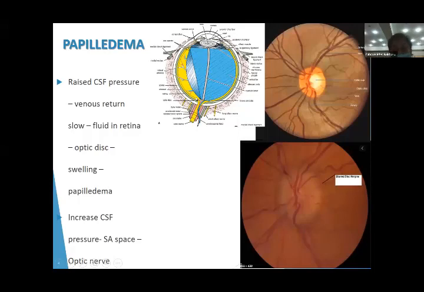Lack of venous return, fluid accumulates inside the retina, और इसकी pressure की वजह से जो neurons हैं, they get compressed and they then degenerate.